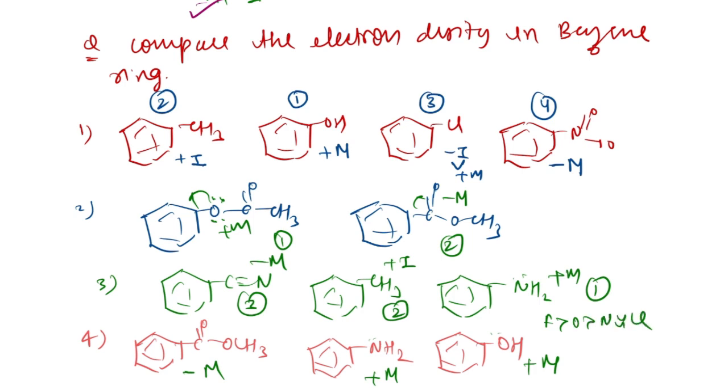So oxygen is more electronegative as compared to nitrogen. Oxygen has more hold of the electron as compared to nitrogen, so it has less tendency to give. So it is lesser than NH2.